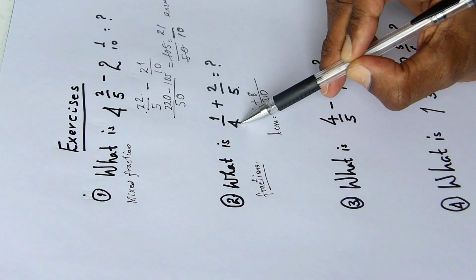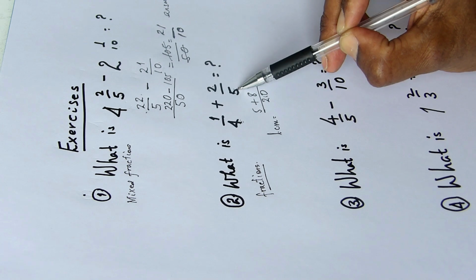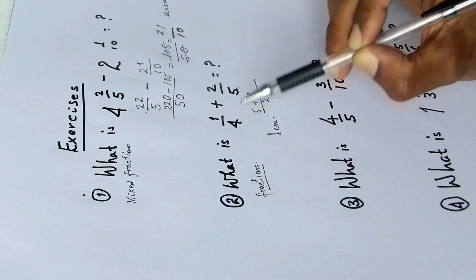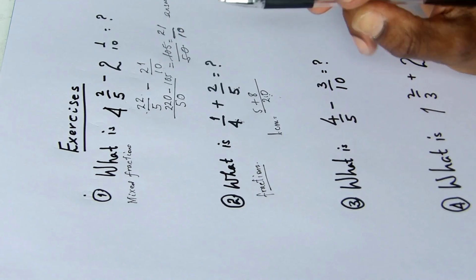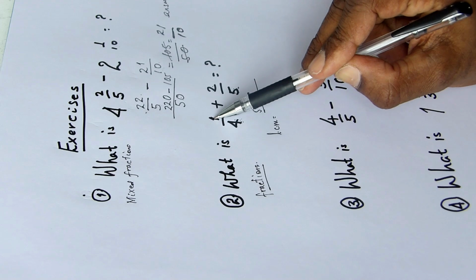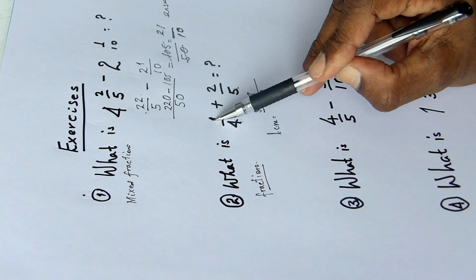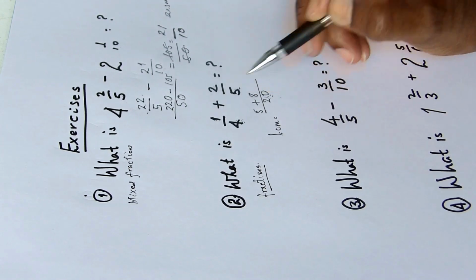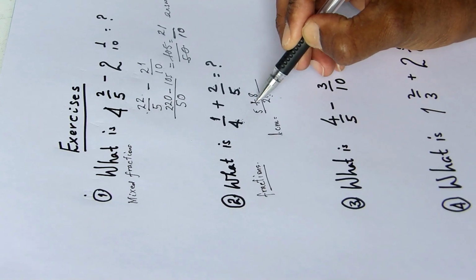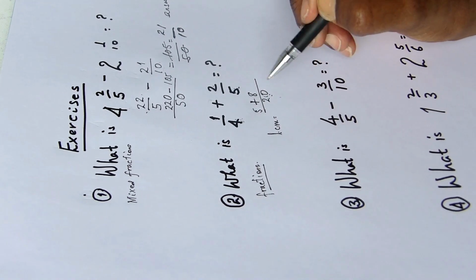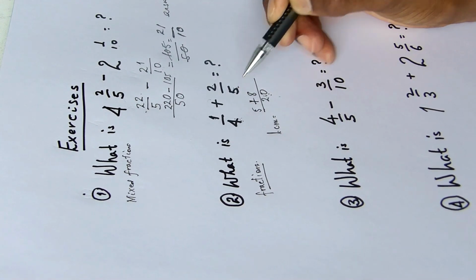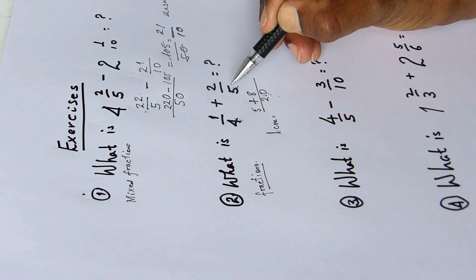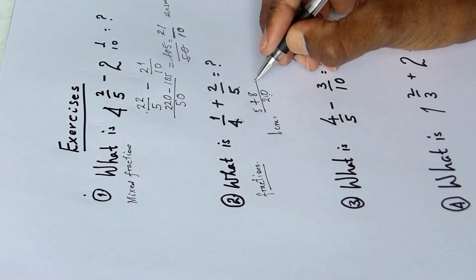The LCM is the multiplication of this and this, which is 20. 20 divided by 4 is 5 times. 5 times 1 is 5, plus this sign. 20 divided by 5 is 4. 4 times 2 is 8.